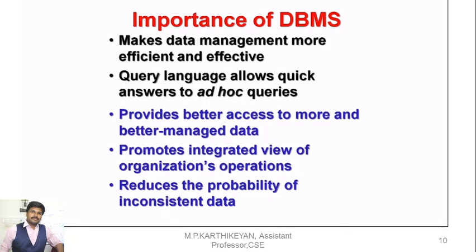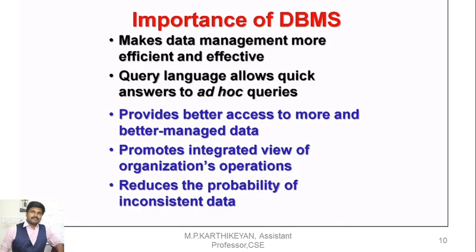Multiple kinds of data are integrated together in a DBMS. That is one main advantage. Not only is particular data organized in a specific manner, but similar data are also combined together. This comes with the terms primary key and foreign key, which I will explain in the upcoming slide.